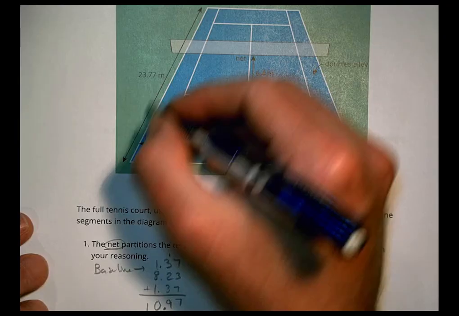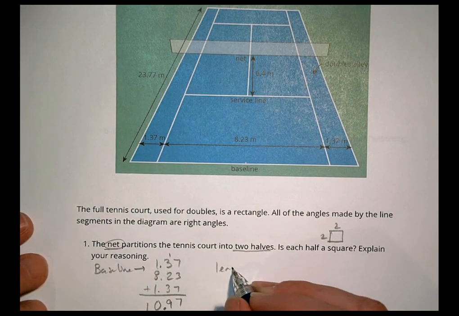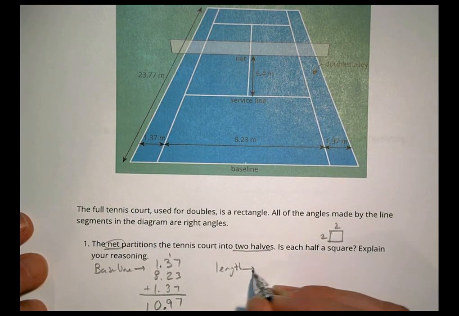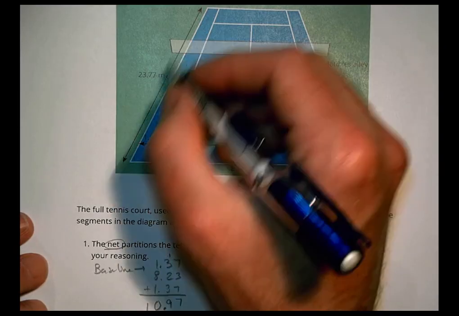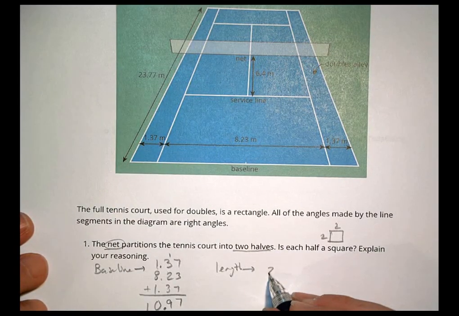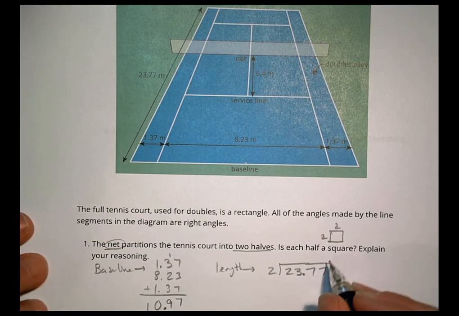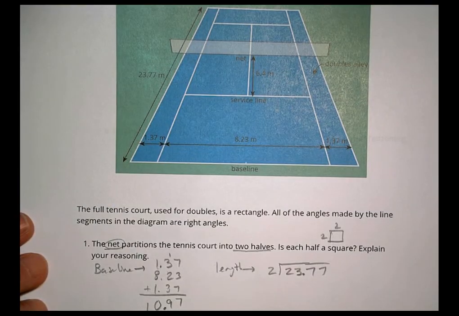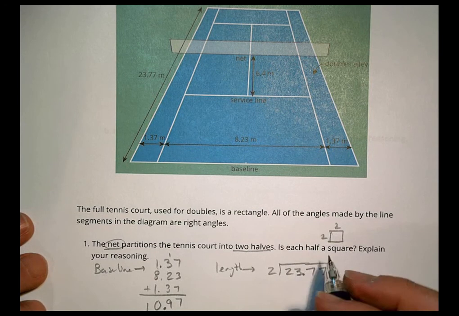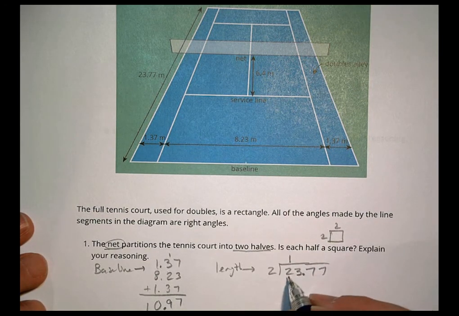Now the length of the court, it's going to be not 23.77, but 23.77 divided by 2, because the net cuts this entire length in half. So we're going to divide that there. 2 goes into 2 one time, which is 2.